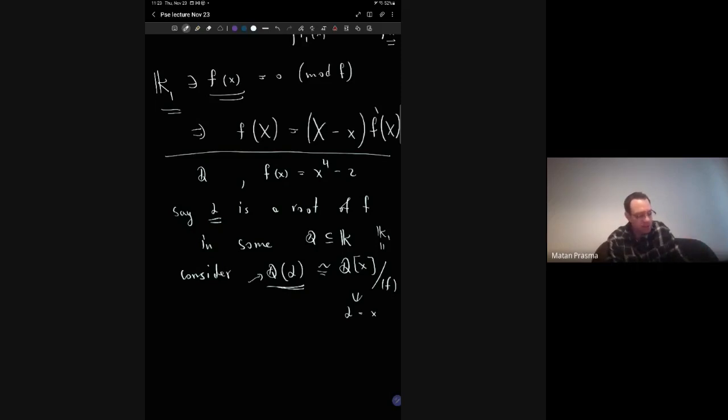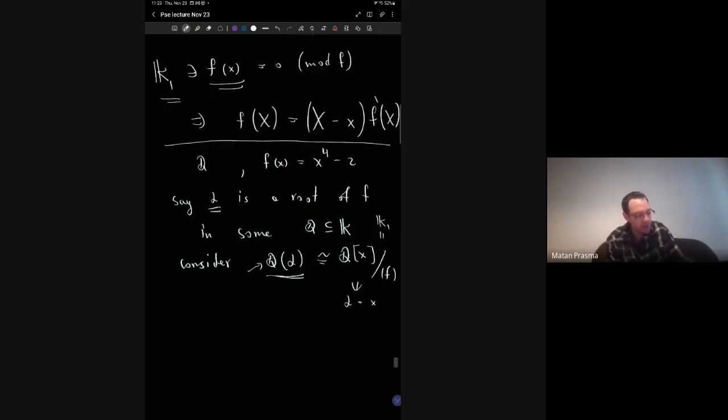Now, maybe for a slightly simpler example, suppose you had g(x) being x squared plus 1 as a polynomial over Q. As a polynomial over Q, it's prime because you don't have any rational number satisfying x squared plus 1 equals 0.